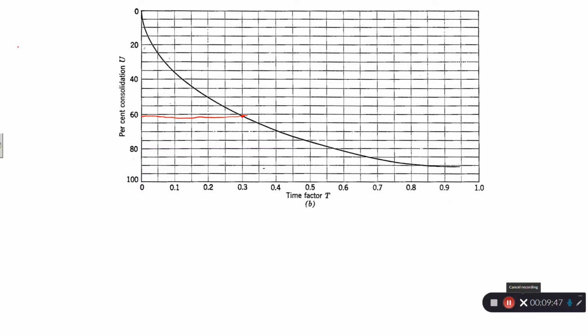So entering T_v equals 0.3, I get U approximately 62%. That is the answer to part A.